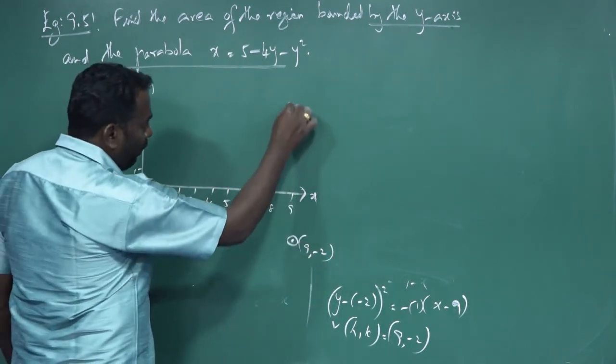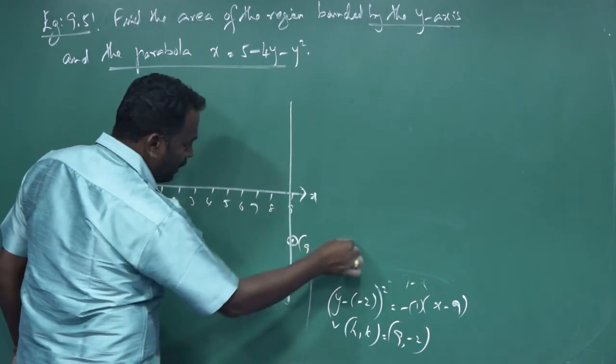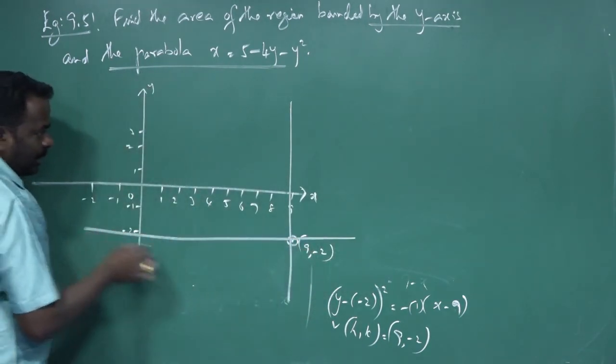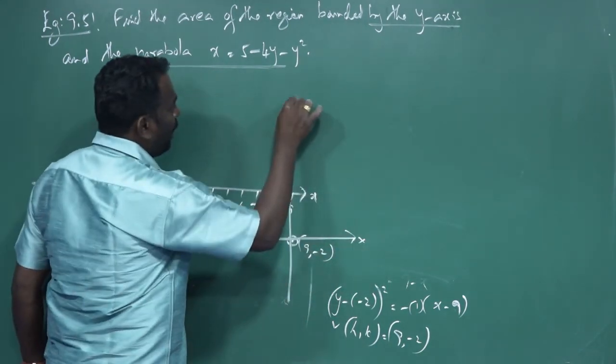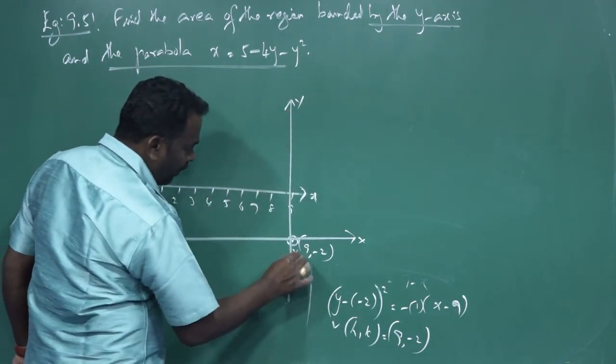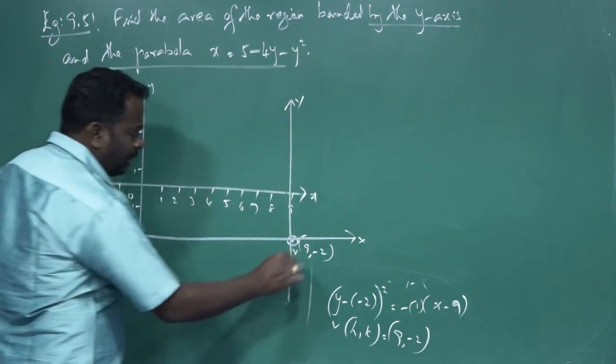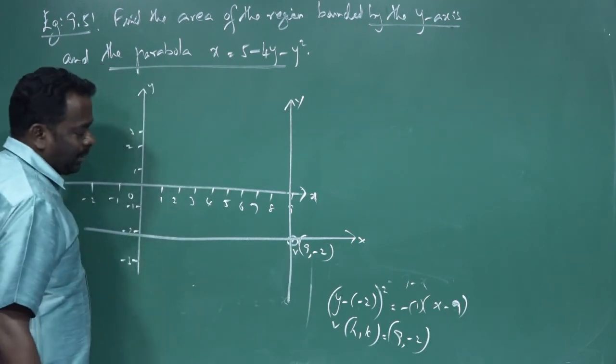Now passing through this point, we draw the x-axis and the y-axis. And this is called the shifted vertex.